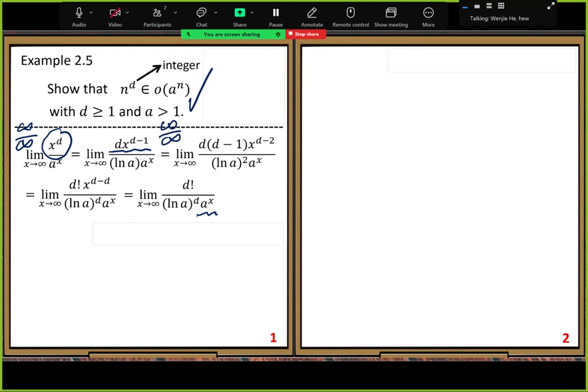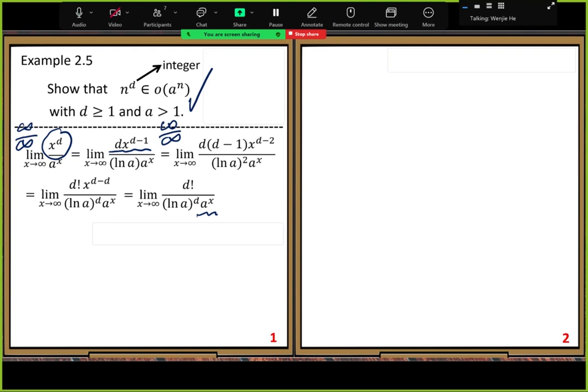How about that? So we extend from non-negative integer to positive real number. How can we show this result? Same result. So that's the first question we need to answer.